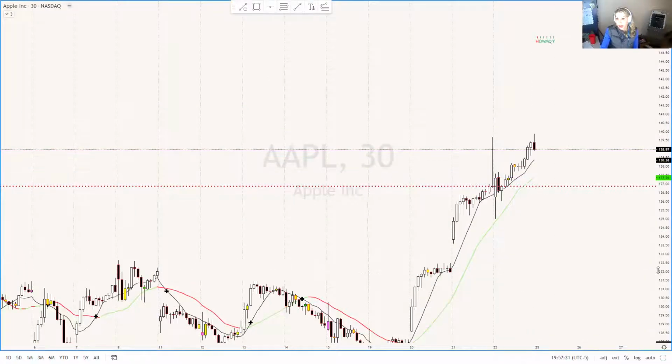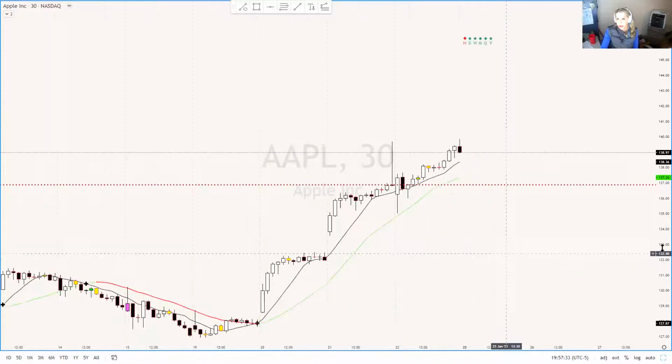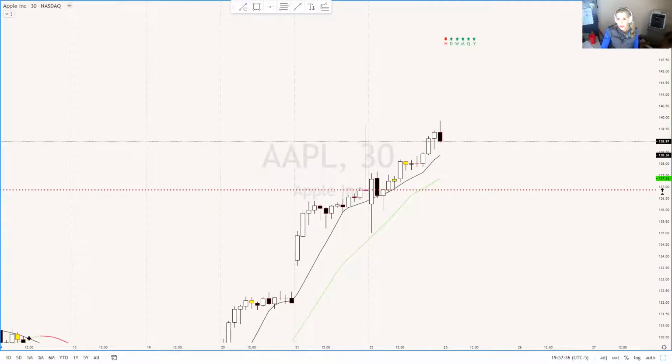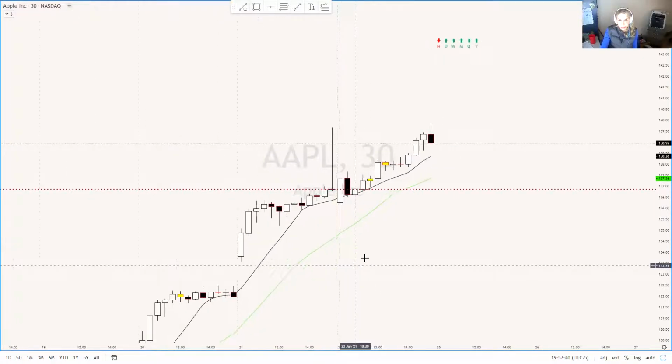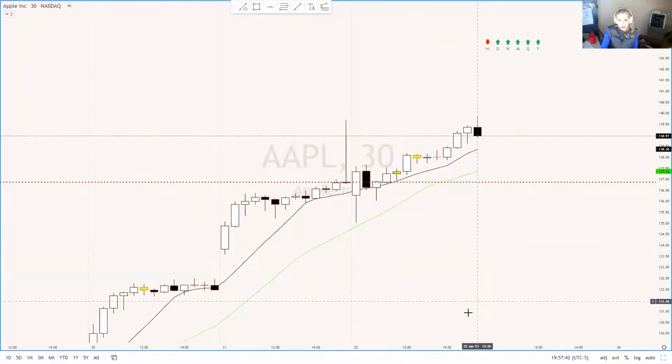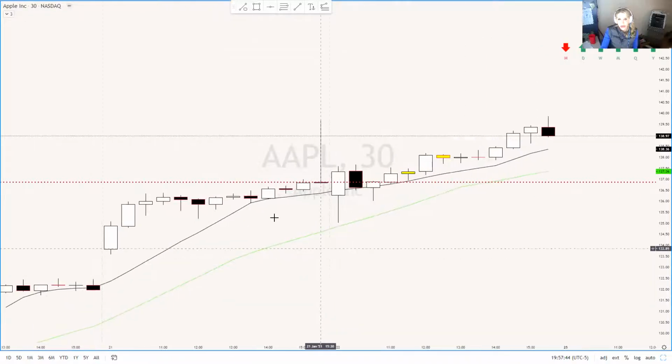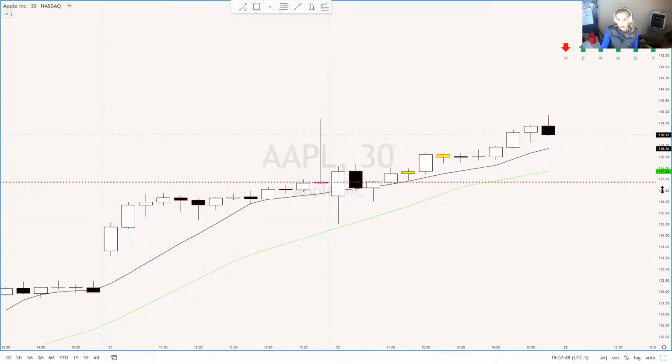Let's just take a look at how this chart unfolds on a 30 minute. And this is kind of interesting. We had this hammer counter shooter.